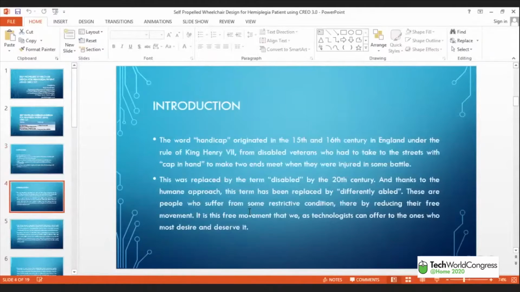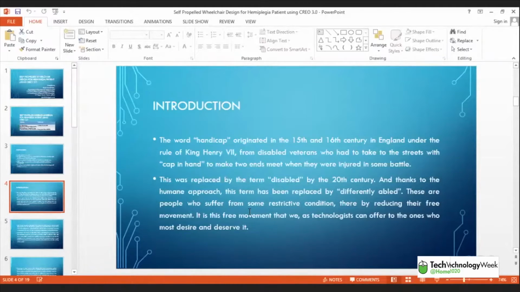The reason we opted for this is, let us say, if I just go into a little bit of the historical development behind it. We say handicap in general. It evolved from the words cap in hand because of the wars that used to happen in the 15th and 16th century for those disabled people who had to take to the streets so that they could manage to survive.